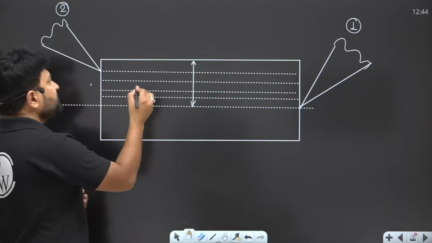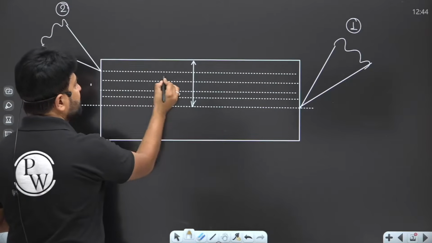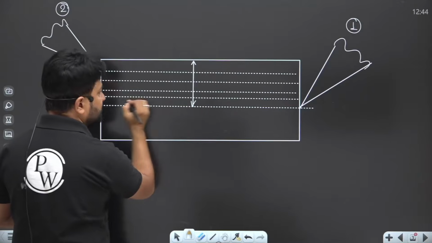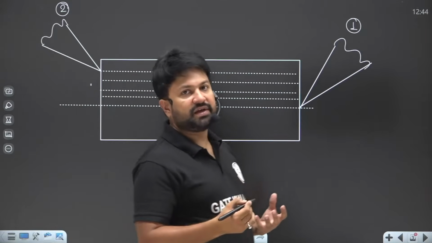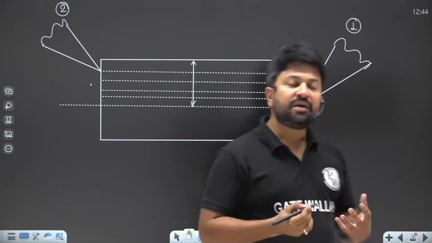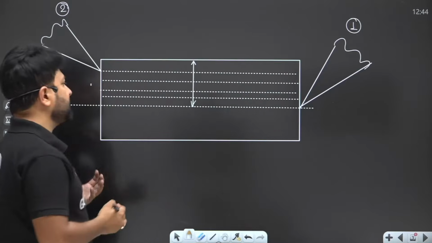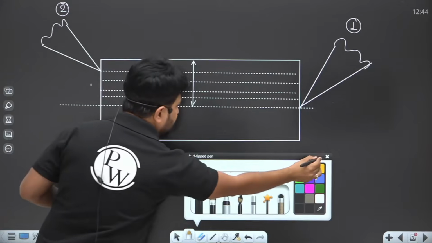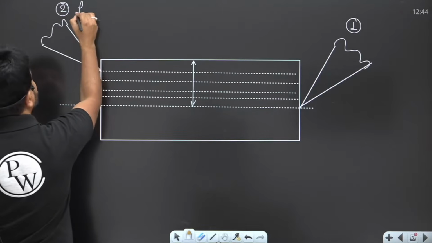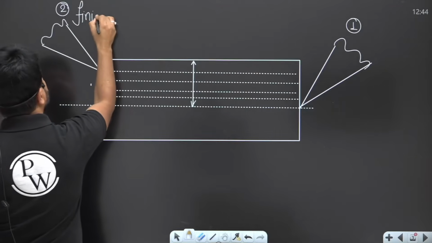Why? Because we are removing the material gradually in the form of chip. So this is the case of finishing.